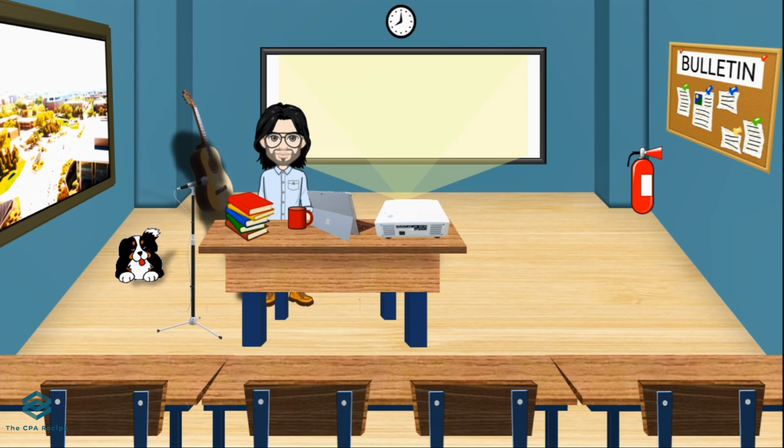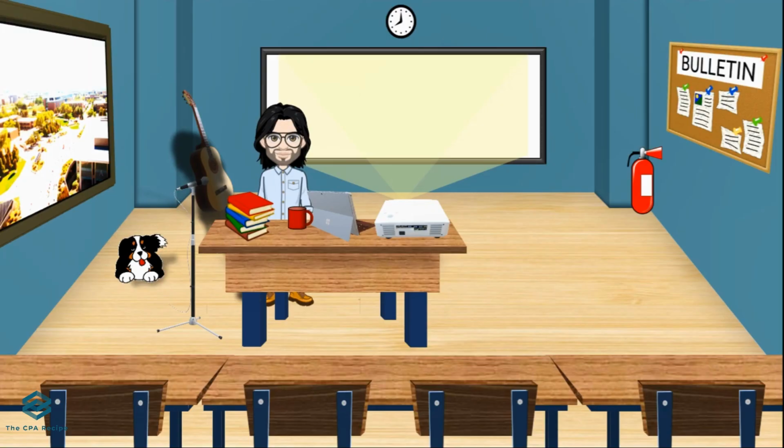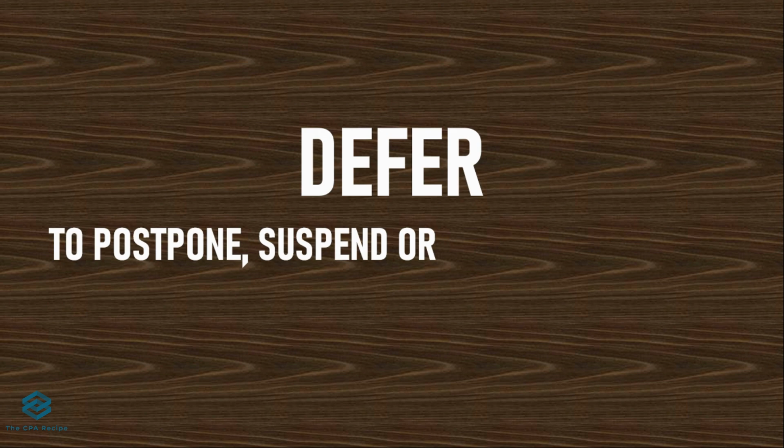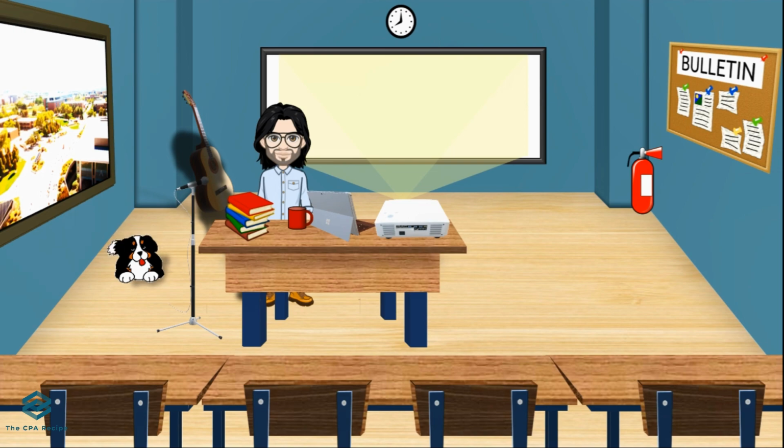Ano ba ang ibig sabihin ng deferral or from the root word defer? According to Merriam-Webster Dictionary, defer means to postpone, suspend, or to delay an action or proceeding. Defer implies deliberate putting off to a later time. Ibig sabihin, Dud Parechong, sinasadya mong i-delay. Ang alin?